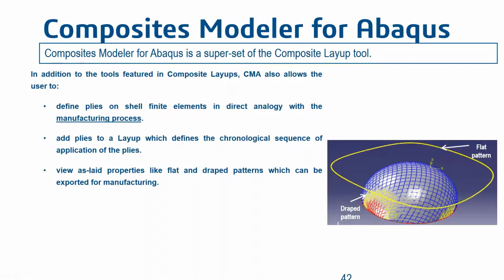Obviously, if you take a unidirectional fiber or anything like that and drape it around your structure, it will shear, and the orientation of the reinforcement in that material will change constantly. This is a very powerful tool to take that into account and accurately predict the performance behavior.